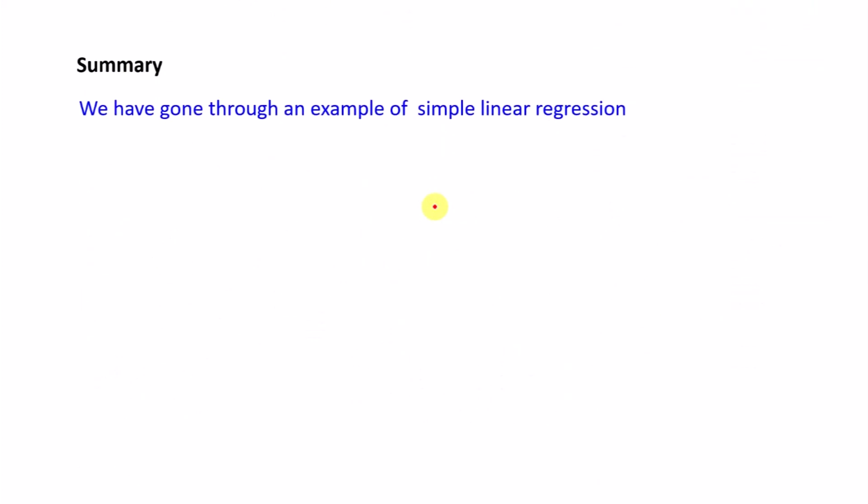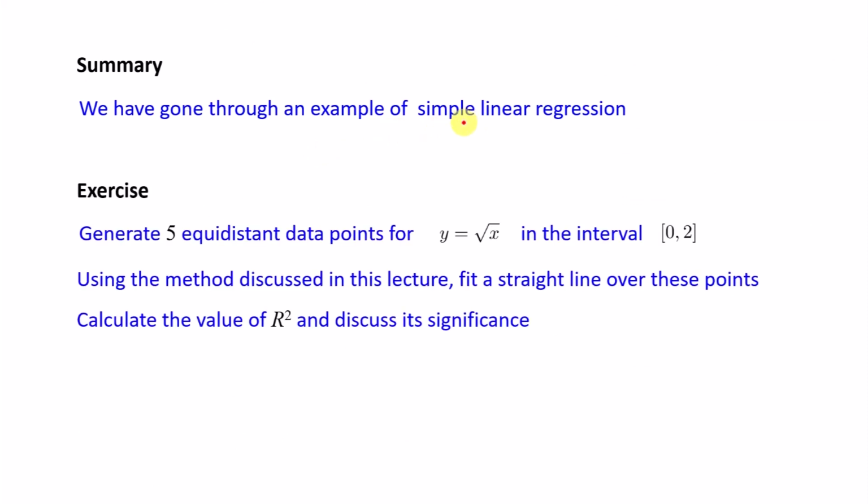So now to summarize, we have now seen an example of a simple linear regression. For your exercise, you can take the function y equals root x, generate 5 equidistant data points on it in the interval of 0 to 2, and then using the method we have discussed, fit a straight line through these points, calculate the value of r square and discuss its significance.